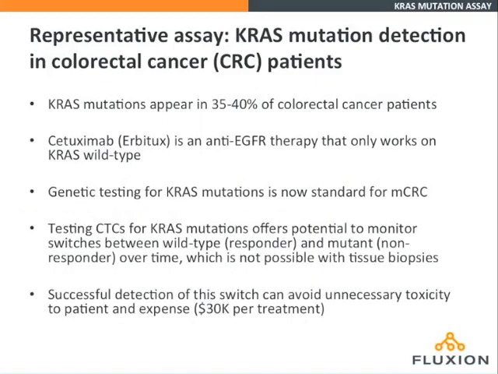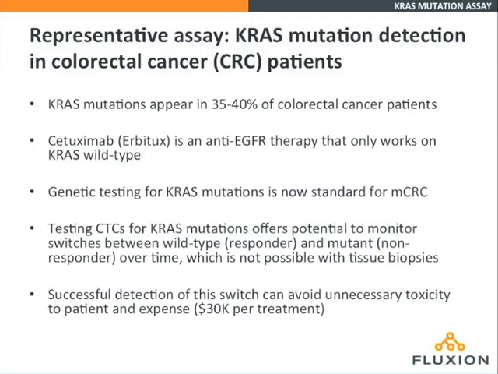So what does KRAS mutation detection look like in colorectal cancer patients? And here I'm referring to data from primary tumors. Basically, we know that 35 to 40% of these patients show some positive mutational status. This is being used to basically assess the possible response of the patient to Erbitux, which is an anti-EGFR therapy.